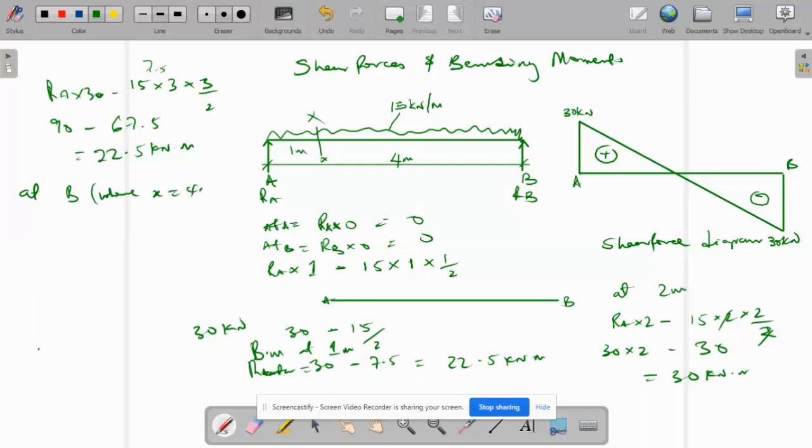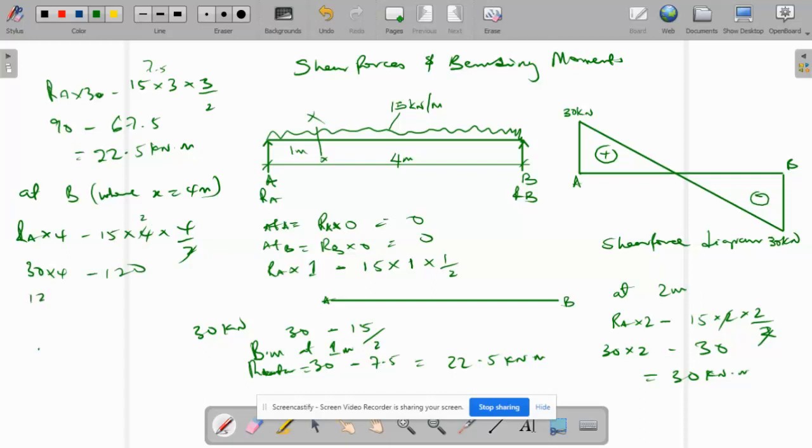So we'll consider at 4 meters, which is at the extreme end at B, where X is equal to 4 meters. So what do we have there? We have our reaction A multiplied by 4 minus 15 times 4 squared over 2. So we cancel 2 from here. What we'll have here is 30 multiplied by 4 minus 15 times 2, which is 30, times 4, which is 120.